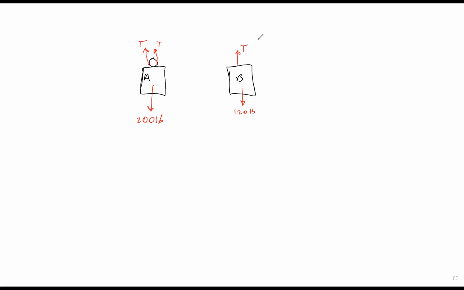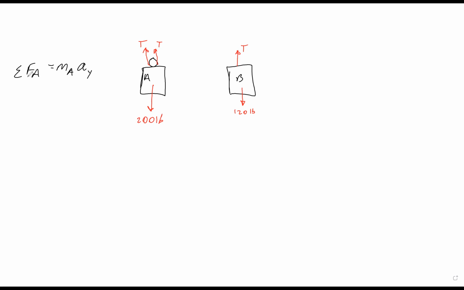All right, so where do we go with this? Well, we want to take the forces from the free body diagram and put them into Newton's second law. Let's start with block A. We're going to have the sum of the forces of A equal to the mass of A times the acceleration of A, in the y direction, that's what I meant to write. So what are the sum of the forces?